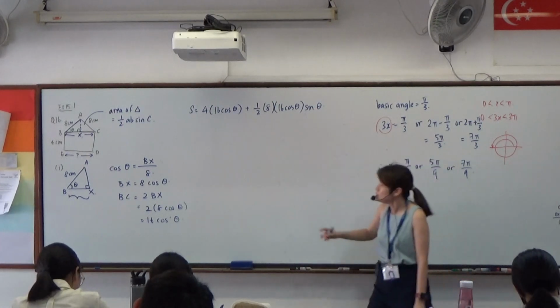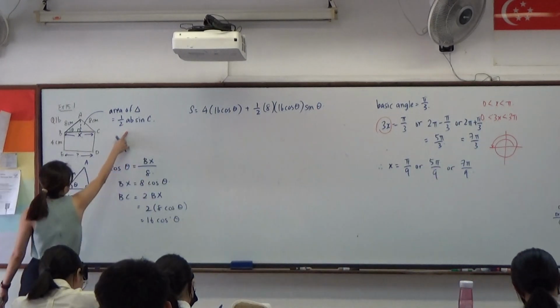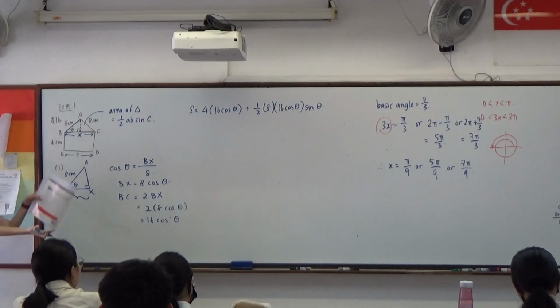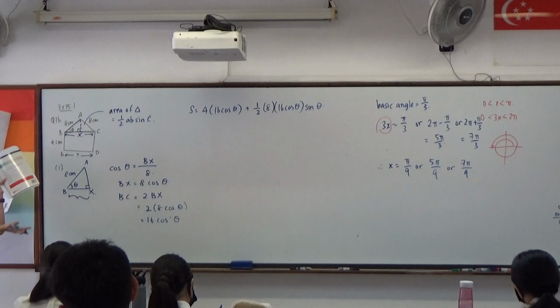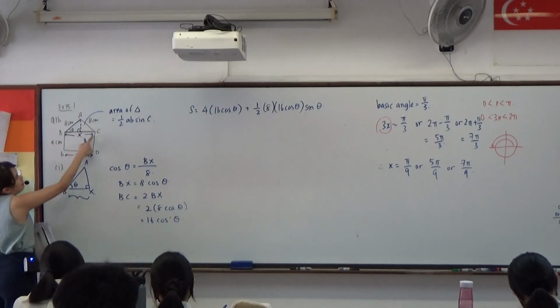Okay, so hope you are familiar with this area of triangle formula. Must be two sides that kiap each other, the angle must be in between. So that's why 8 cm and this BC.